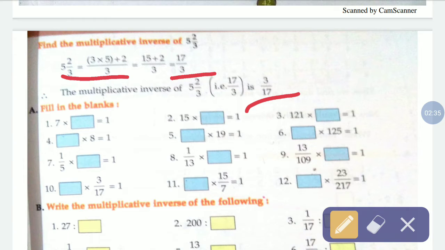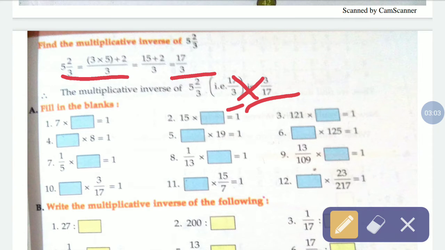What is a multiplicative inverse? Whatever is your numerator is converted into the denominator, and the denominator is converted into the numerator. For 17 by 3, your denominator will become your numerator and the numerator will become your denominator. In this way you have to change it, just totally opposite.